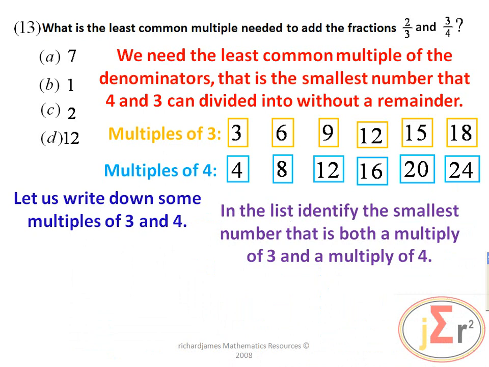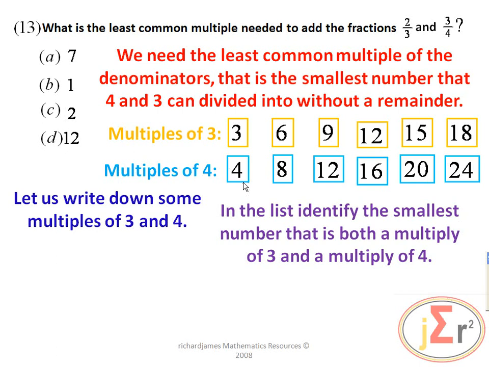In the list, identify the smallest number that is both a multiple of 3 and a multiple of 4. Any number that is in the list of multiples of 3 and is also in the list of multiples of 4.